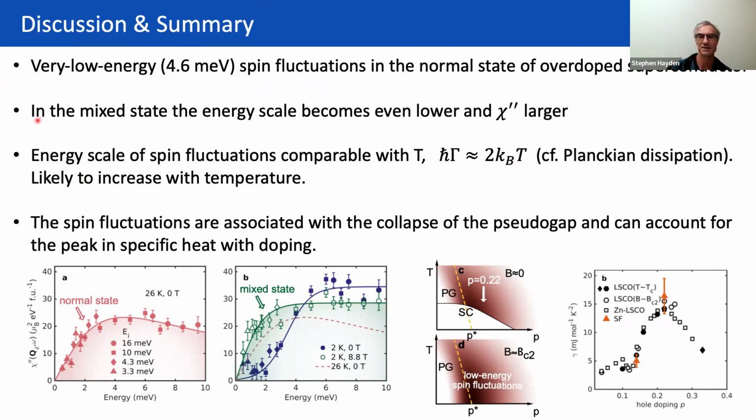In the mixed state, then the energy scale becomes even lower, as you can see here, and the susceptibility, chi prime, at low energies becomes larger. So the spin fluctuations we see, presumably, are associated with the collapse of the pseudogap.